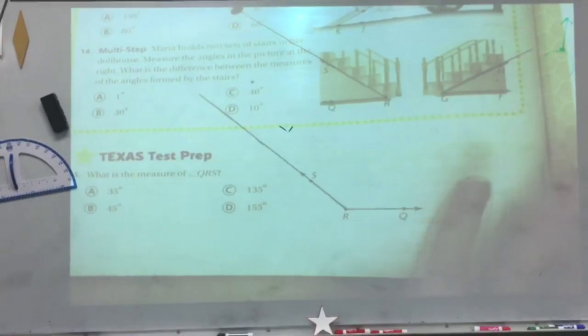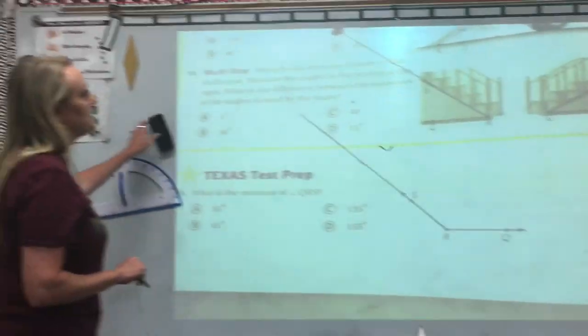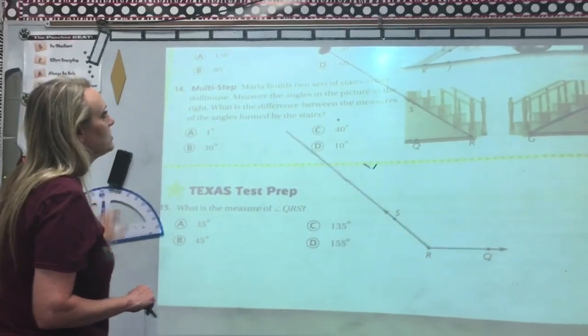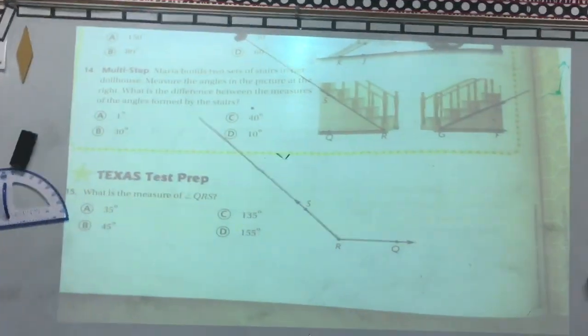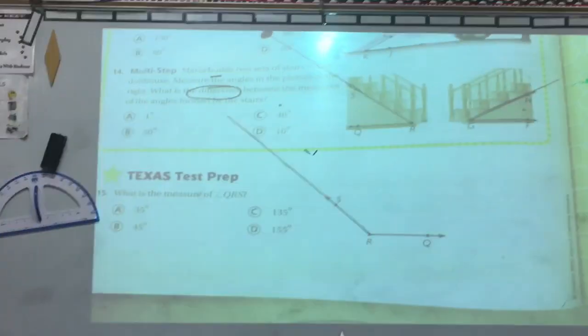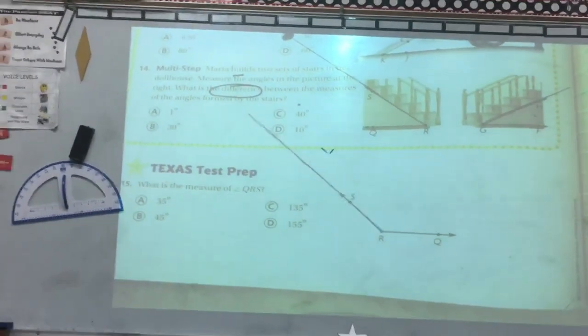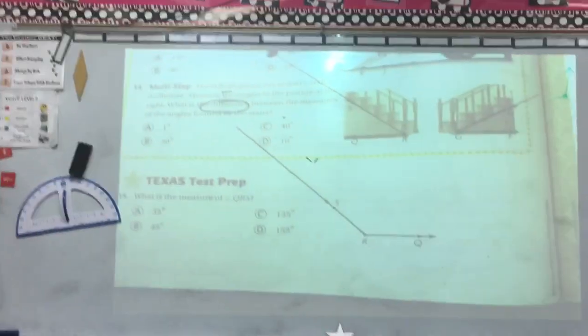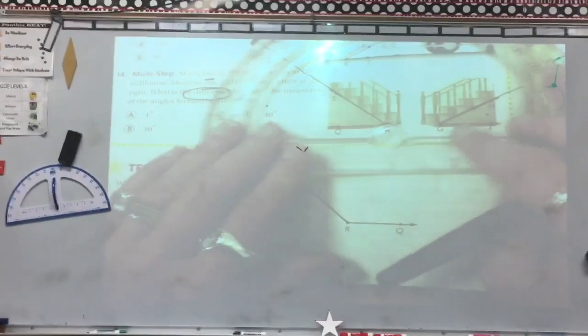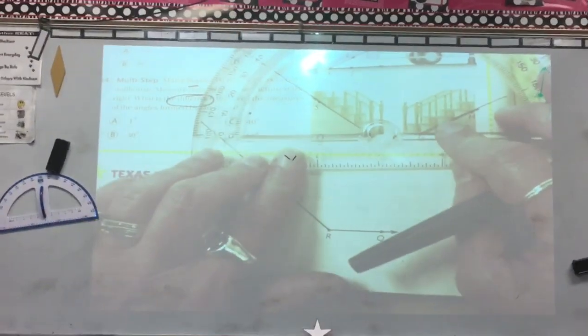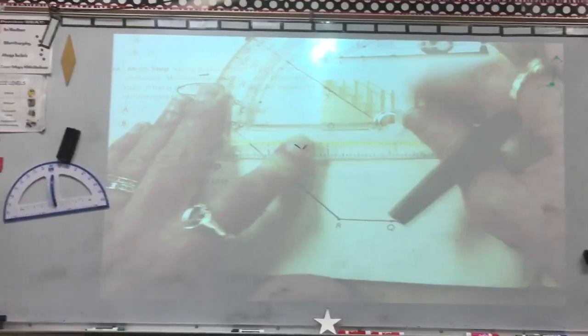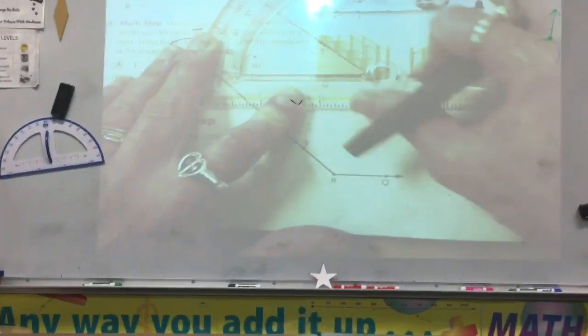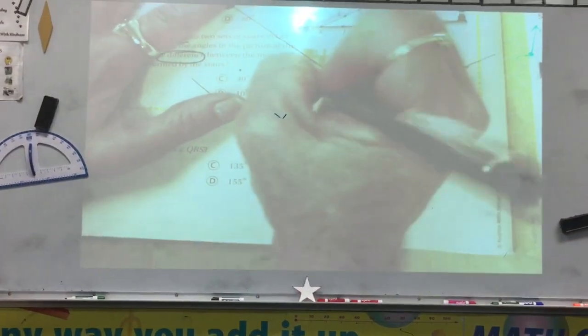Okay, a multi-step one. Maria builds 2 sets of stairs in her dollhouse. Measure the angles in the picture at the right. What is the difference? We're going to subtract the 2 measures of the angles formed by the stairs. So we need to measure Q, R, and S. I extended the arms already on both of those, and you get approximately 40 degrees.